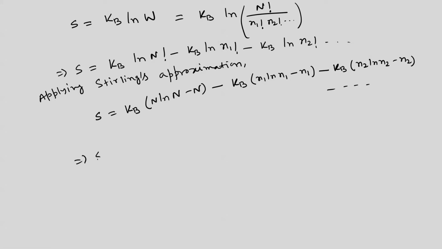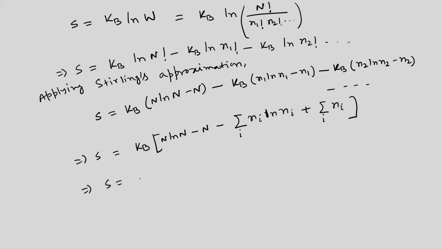So, we get S is Kb times n ln n minus n minus sum over i ni ln ni, and then we have plus sum over i ni.